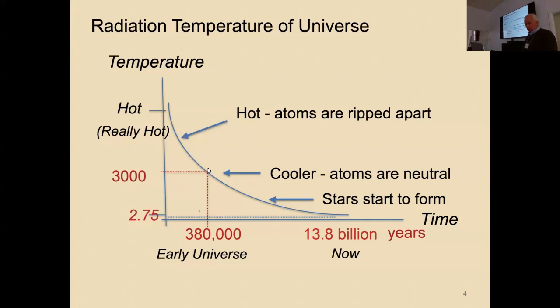And then what we did talk about was that around 380,000 years, the universe was that old, the atoms became neutral, and the universe began to look like what it's looking like now. But before that, it was very different, with the very hot gases. And then 13.8 billion years later, we're at this low 2.725 degrees.